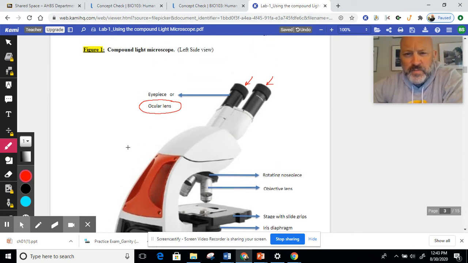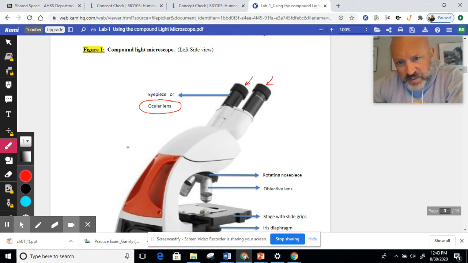Now, when I use the microscope, I guess as a result of growing up and through my high school and college experience, I've always had the single ocular lens microscope. So lately, all the microscopes have 2 binocular lenses, but I still find myself closing one eye. I find that I can see better when I close one eye. It's difficult for me to use 2 eyes. It doesn't matter. Even if there are 2 lenses, you could close one eye and still use one.